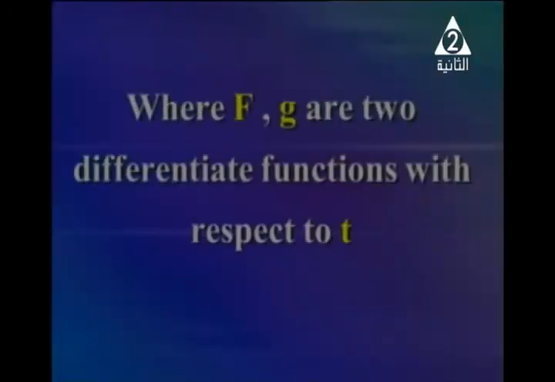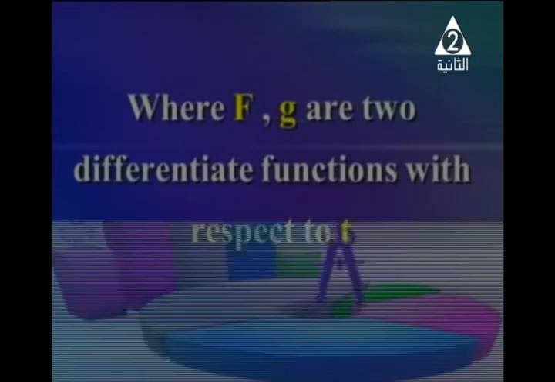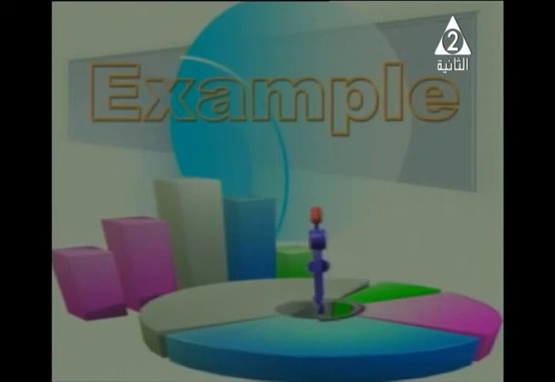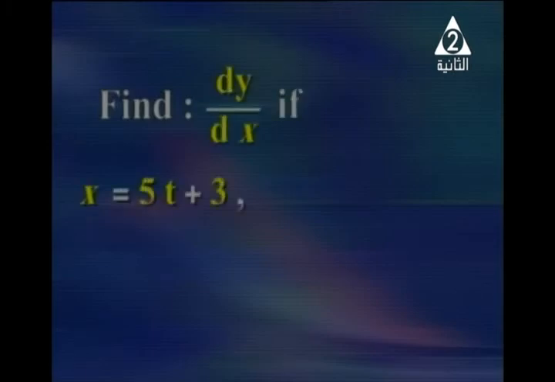Remember, f and g are two differentiable functions with respect to t. Look at two important examples. Dear student, find dy over dx if x equals 5t plus 3 and y equals 16t squared plus 9. Remember, dear student, the first function is x with respect to t, the second is y with respect to t.